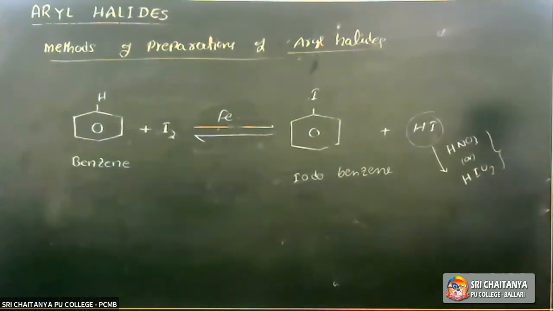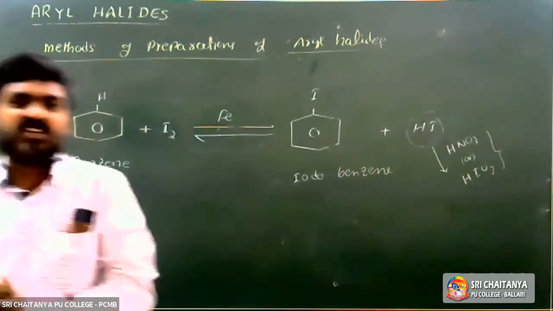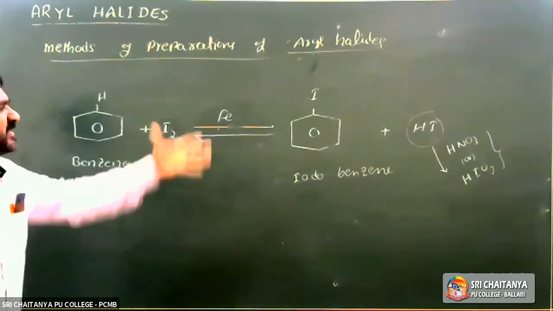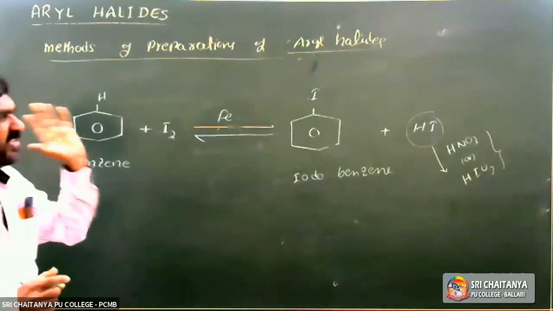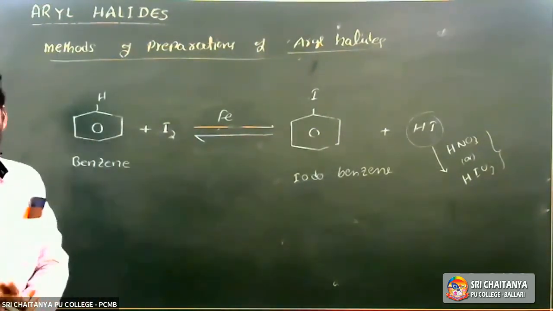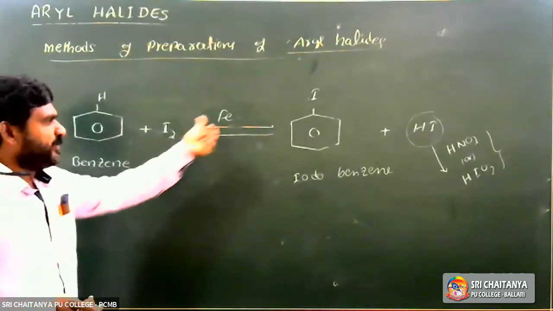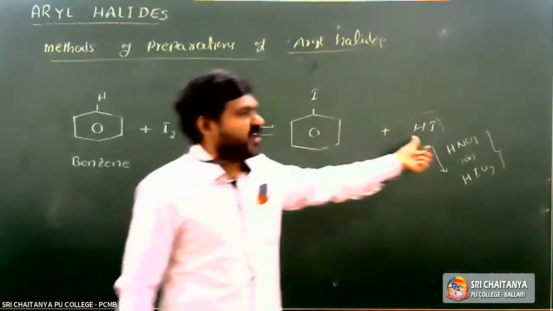So that is the first method. Chlorobenzene, bromobenzene or iodobenzene is prepared from benzene. Benzene is treated with chlorine in the presence of iron, FeCl3 or AlCl3, and chlorobenzene is obtained. HCl is the byproduct, and it is not a reversible reaction. Benzene treated with bromine in the presence of iron or FeBr3 gives bromobenzene, with HBr as the byproduct.